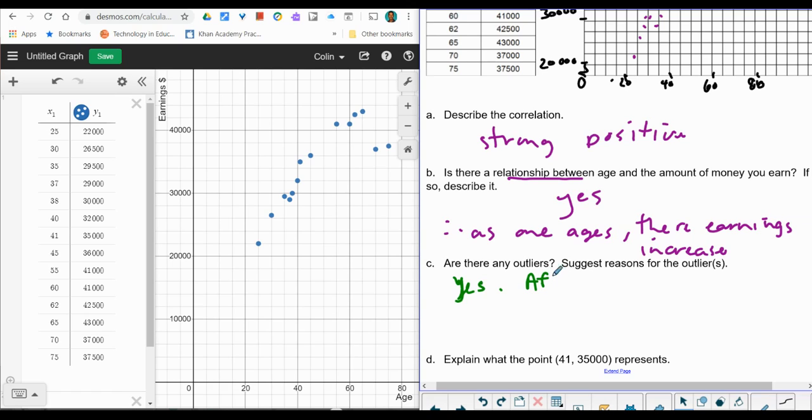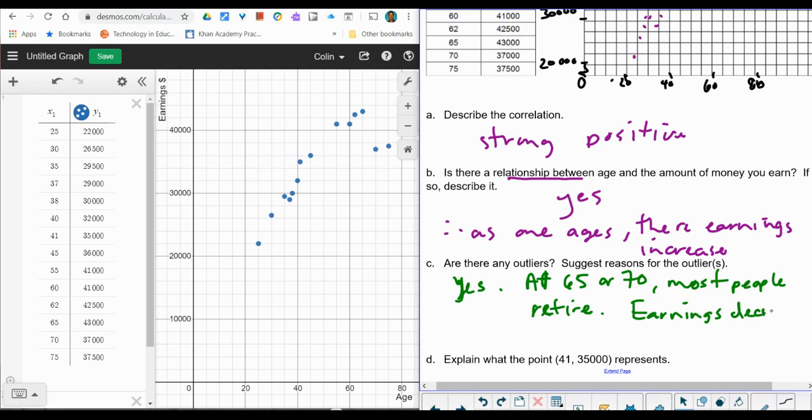At 65 or 70, most people retire. Okay, and the earnings go down. Now they might be making what's called a pension. Earnings decrease.